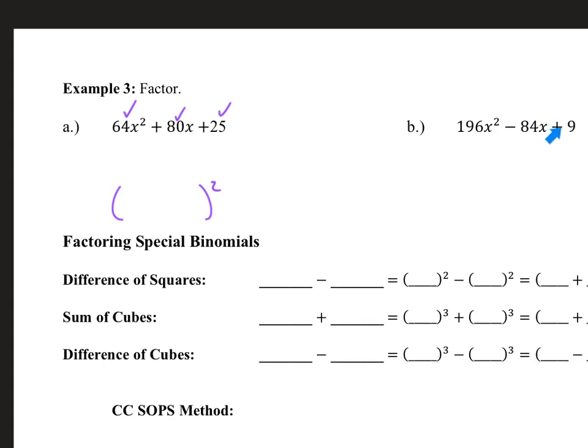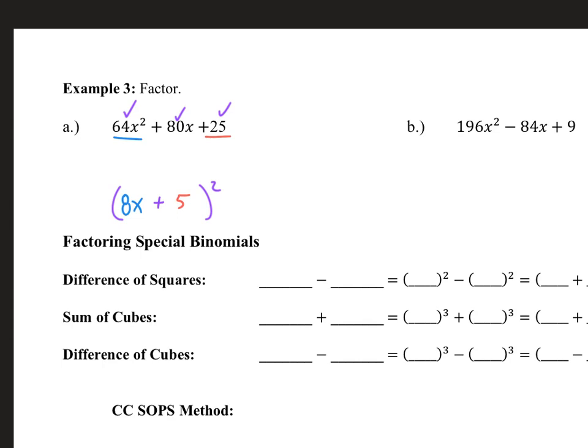Positive times a positive is positive, and negative times a negative is always positive. So this last term is always positive. It's the middle term sign that's going to tell us the sign of our answer. So since that's positive, this is positive. Then I just look at the square root of this, which is 8x. Don't forget the x. And the square root of this, which is 5. And I'm done factoring.